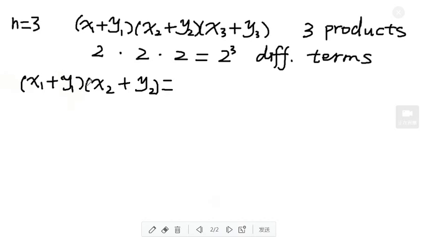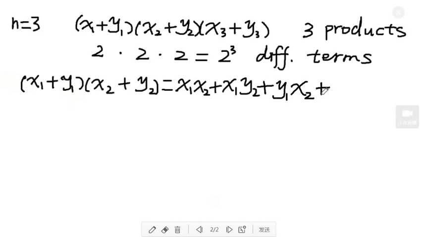So x1 plus y1, x2 plus y2, then we get 4 terms. That is easy, right? x1 x2 plus x1 y2 plus y1 x2 plus y1 y2, right?